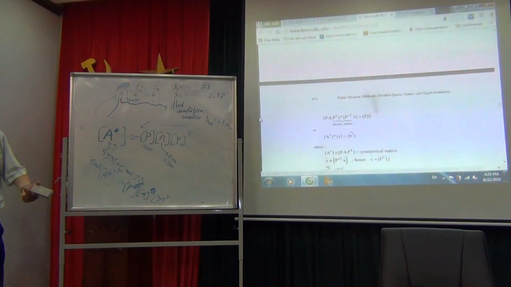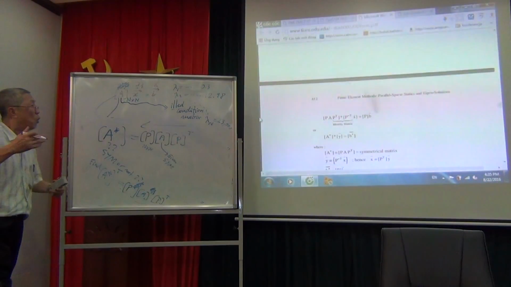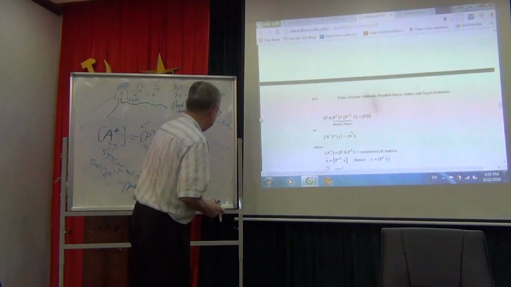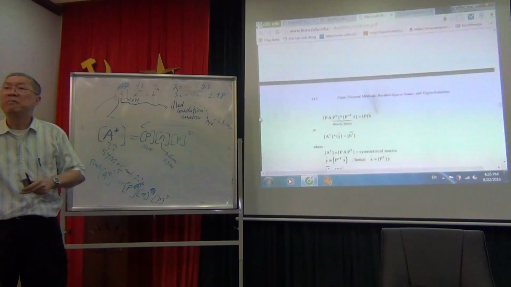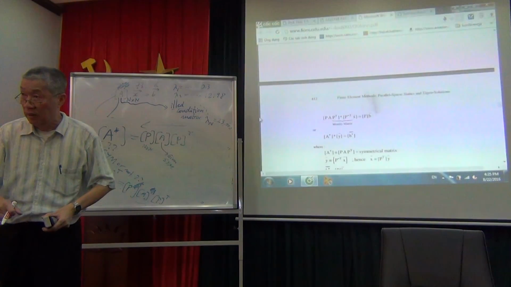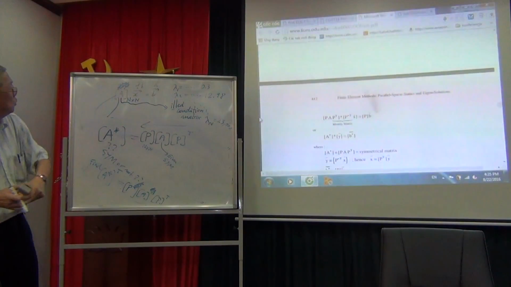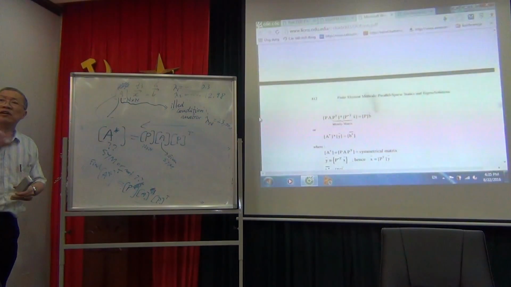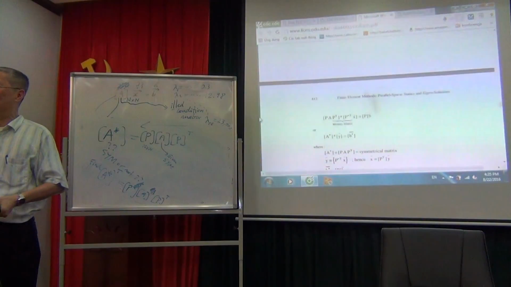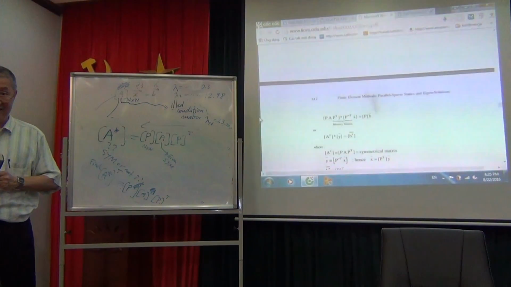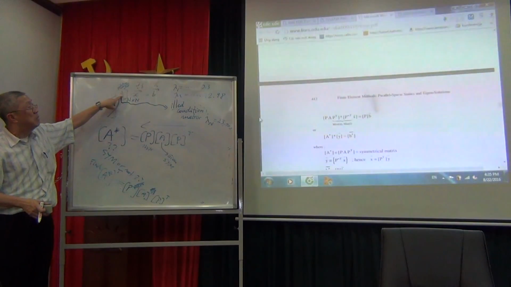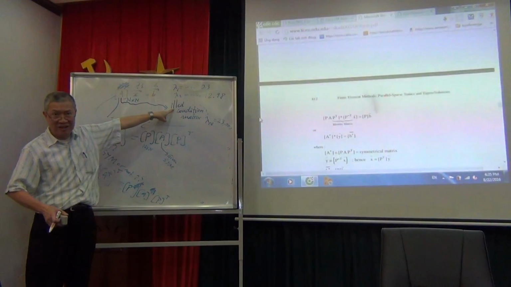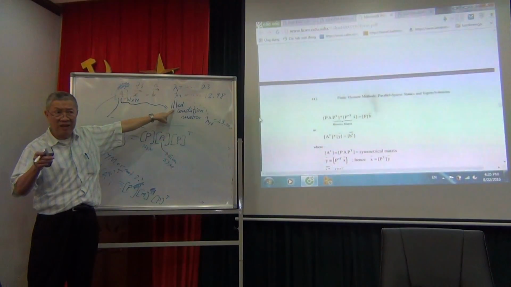Very easy to prove. So what I'm trying to tell you is that if your matrix A is symmetric from the beginning, when you transform it into the new matrix A star, try to keep it symmetric. Don't lose that property. The only thing different is that the original is symmetric but very ill conditioned, meaning the condition number is very big.